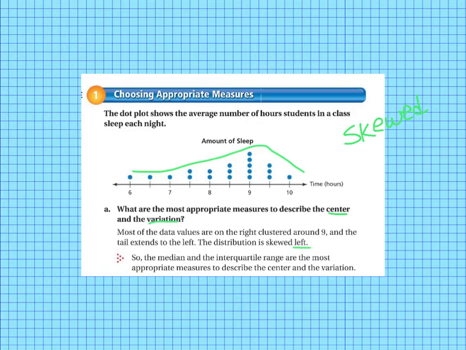So our steps are to 1, identify the shape of the distribution. And I'm going to change marker colors here because I'm not sure you can read that. There you go. Shape of the distribution. And then 2, you're going to identify which measure of center you should use.